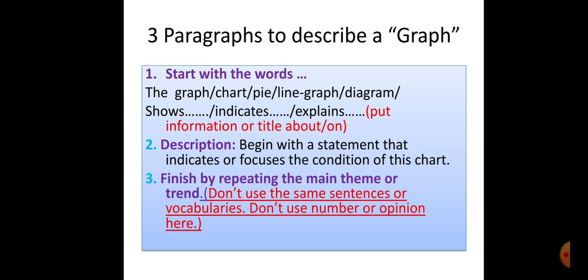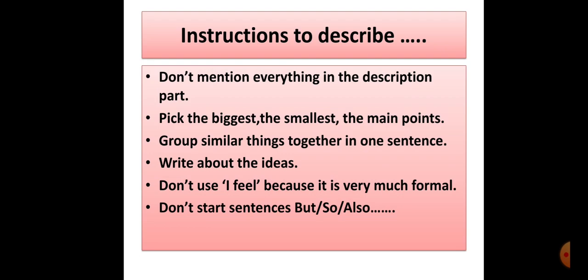Remember one thing, don't use the same sentence or vocabularies, and don't use numbers or opinion here. You have to remember one thing, don't mention everything in the description part. Pick the biggest, the smallest, the main points in the middle of the description, in the middle of the graph chart.